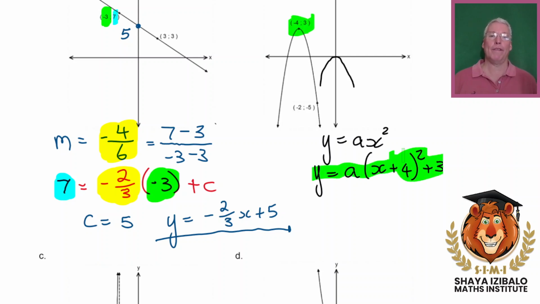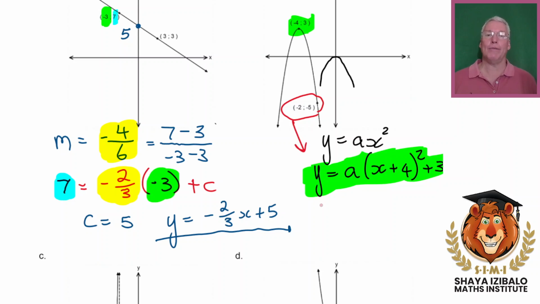Now we want the specific one that also passes through the point negative 2, negative 5. What we're going to do now is substitute that point into our equation. We're going to pop it into there. Remembering that the y value is negative 5, the x value is negative 2, and the only variable now in there is a.